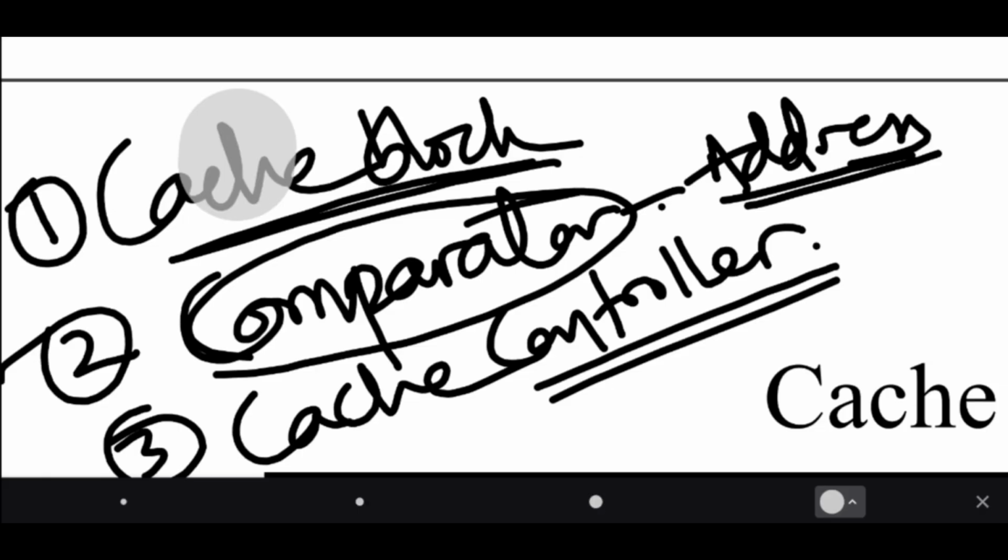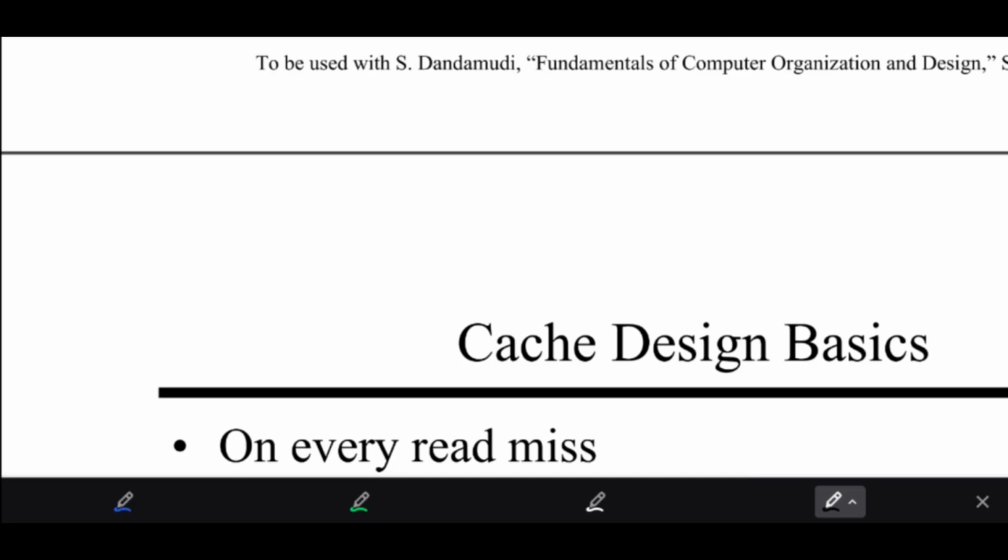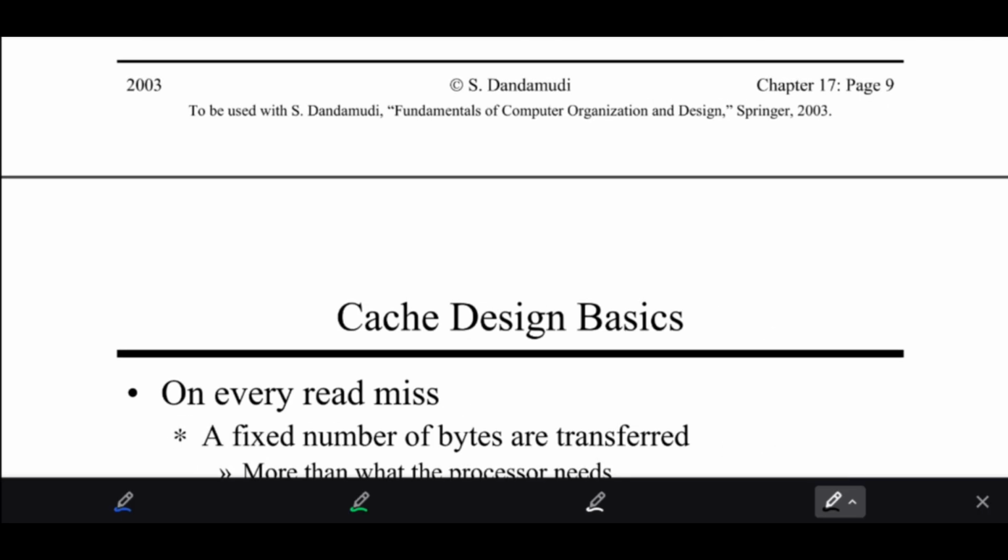Simple. Then the cache controller mainly helps to manage our cache: which data is to come, which data is to be stored, which data is to be replaced. All these are controlled by our cache controller. Three components. And then we will move towards our cache block.